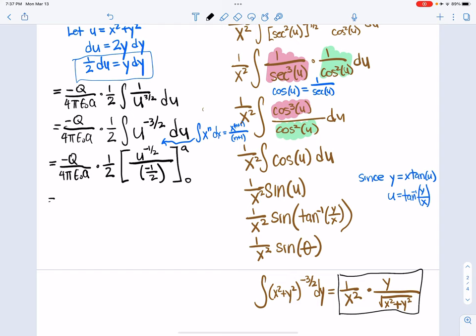I'm going to bring out this constant right here in the denominator. So that would be minus q over 4 pi epsilon naught times a times 1/2 times negative 2. And then u to the minus 1/2, 0 to a. Yeah?